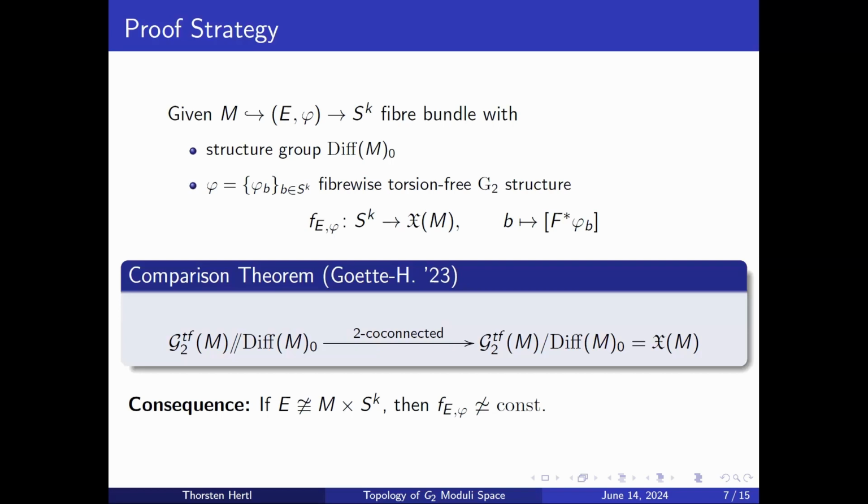So a map from S^k into the left-hand side precisely gives me the datum of a fiber bundle over S^k together with a fiber-wise torsion-free G2 structure on that bundle. This is a pretty nice theory because if we can prove that the underlying vector bundle is non-trivial, then we know that this resulting map is not homotopic to a constant map.